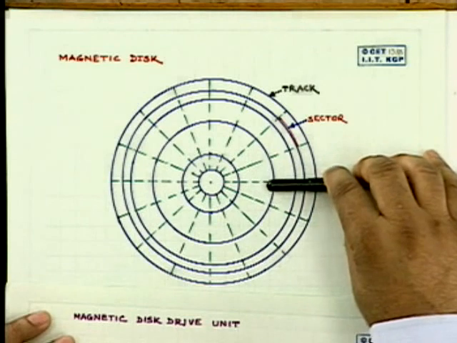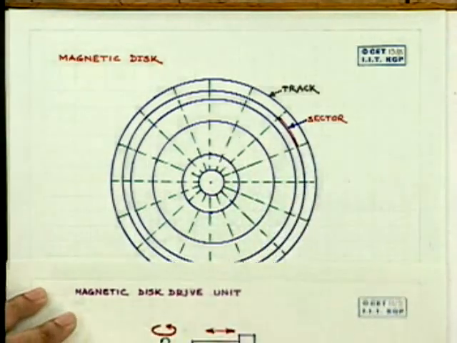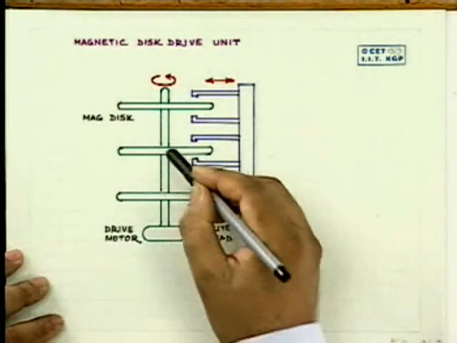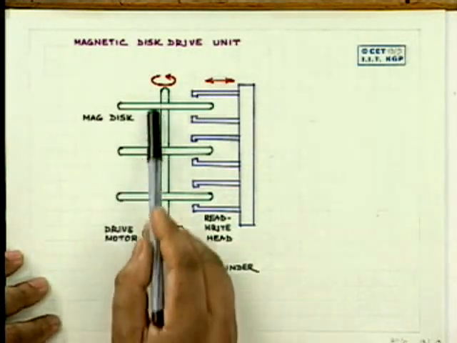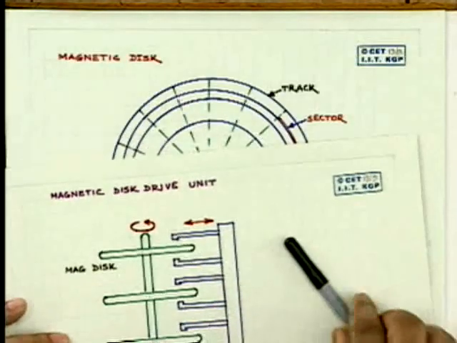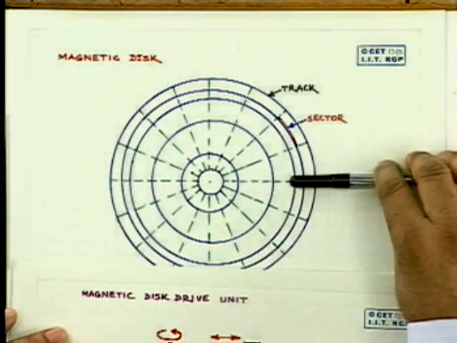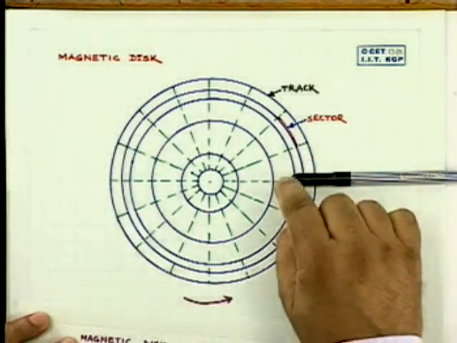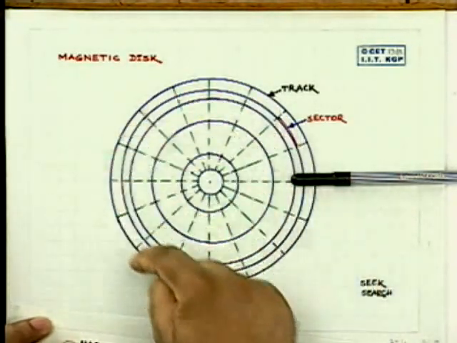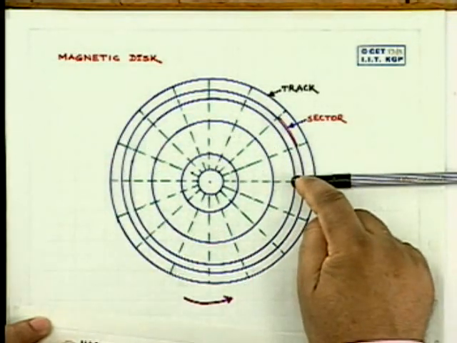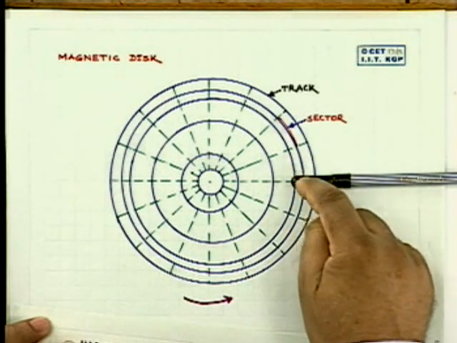Since the disk is rotating at a very high speed, say here is a drive motor, if the track is here and the disk is rotating in this direction, the sector will sometime come under the read head, and that sector will be read.